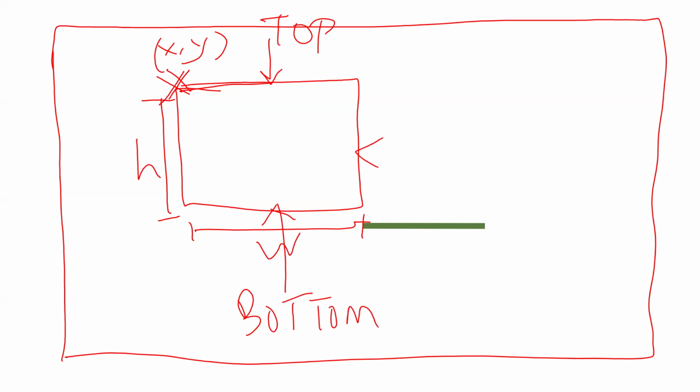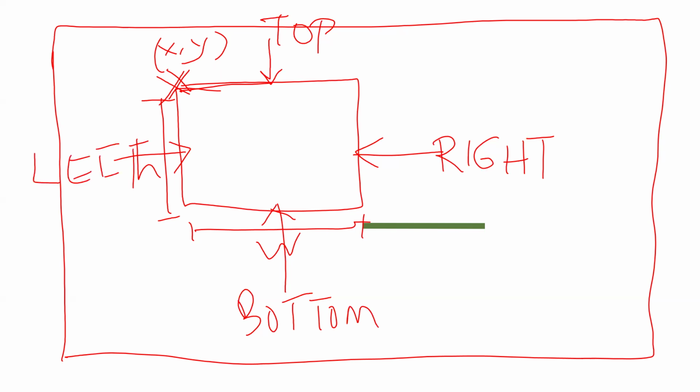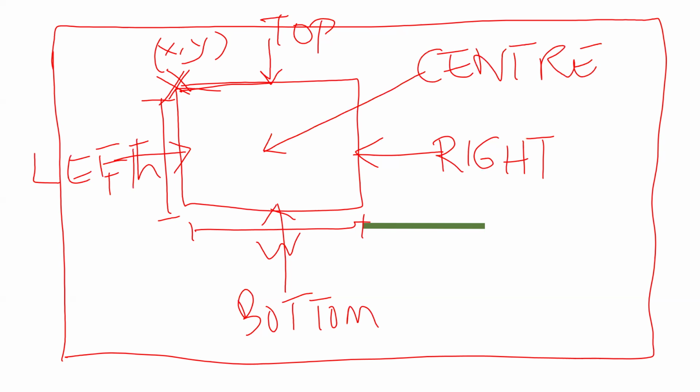One is this part, called the right. Another one is this part, called the left. Okay, this is the left. And you think that's all? No, that will not be too correct. The center is also recognized in case you want to do anything with the center of that shape.